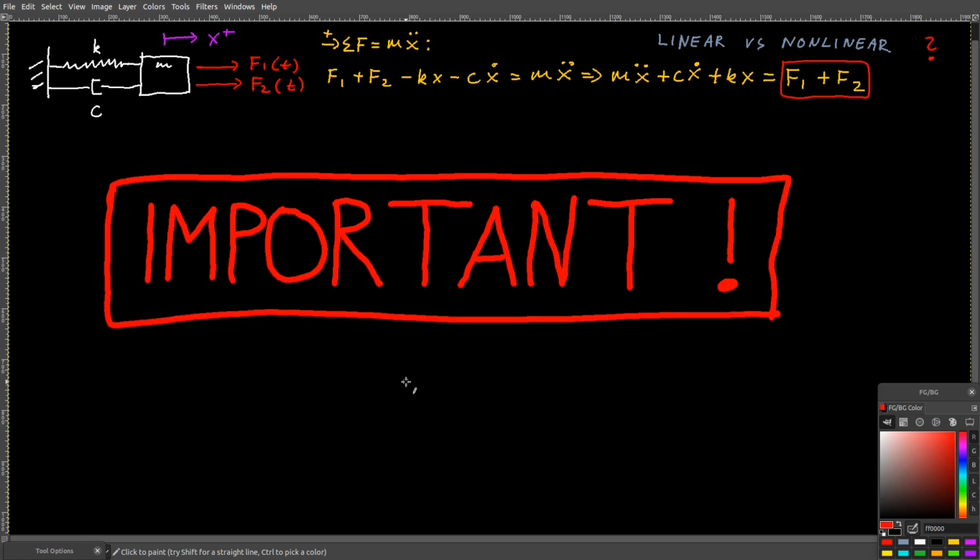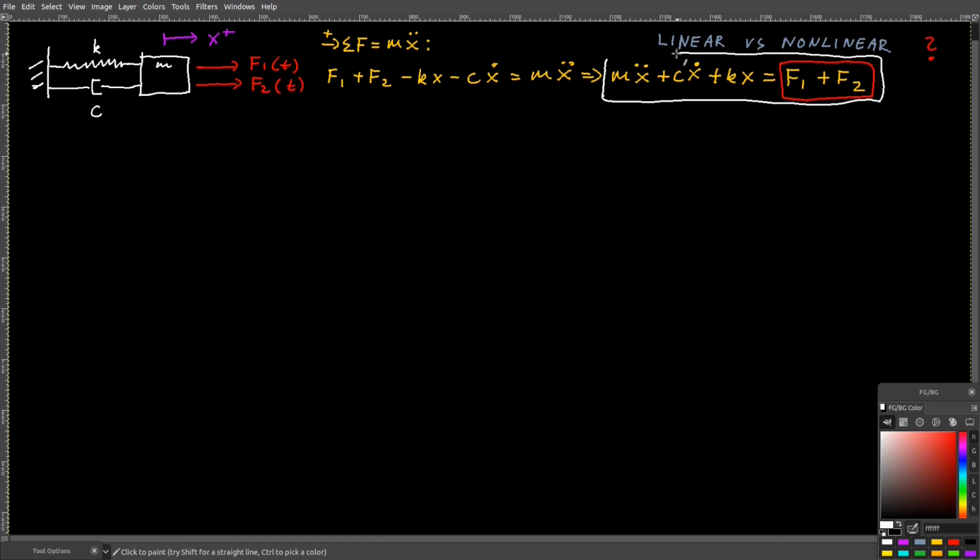Now you will know the difference between linear and nonlinear ordinary differential equations. I will take this case and I will separate it into two cases where I apply each input force to the ODE individually.